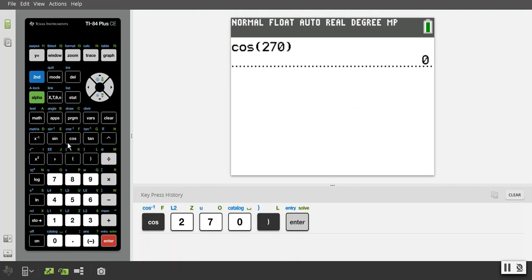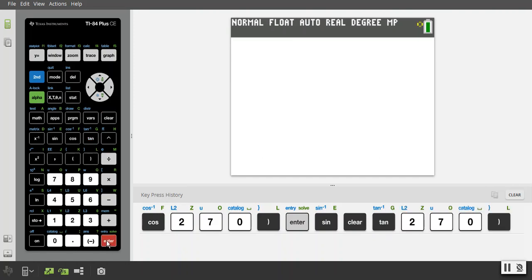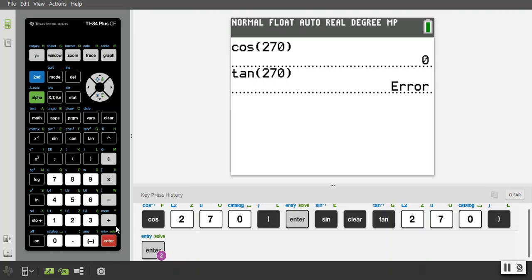But let's say you have tangent of 270 and you hit enter, it gives you an error message. So that means that it was undefined, right?